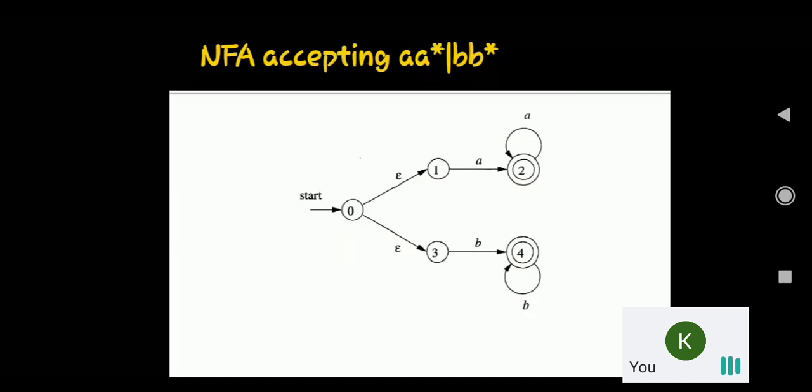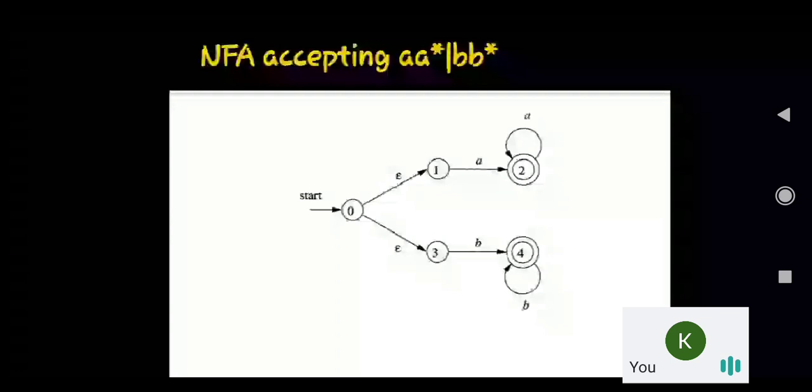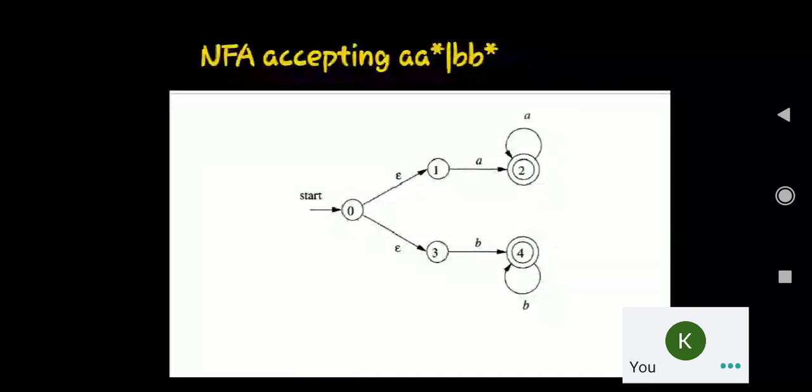From the start state, if we construct another state and pass a label, it seems to be a complex one. So instead, first you have an empty string representation, and then further you have A asterisk and then B asterisk.